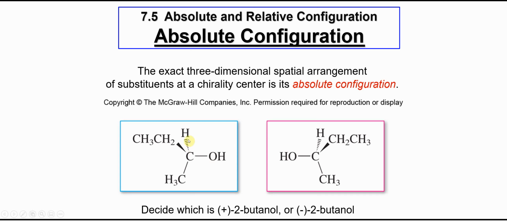One, you have your hydrogen pointed away from you and your hydroxyl OH on your right-hand side. The other one is on the opposite side, on the left-hand side. These two molecules are mirror images. They are representing the exact three-dimensional spatial arrangement.